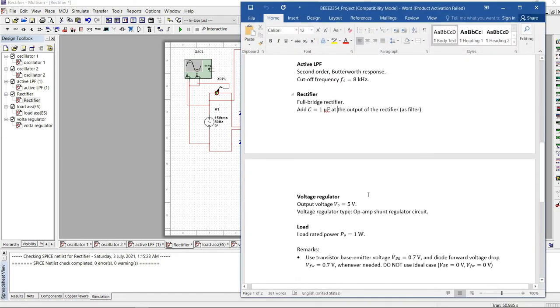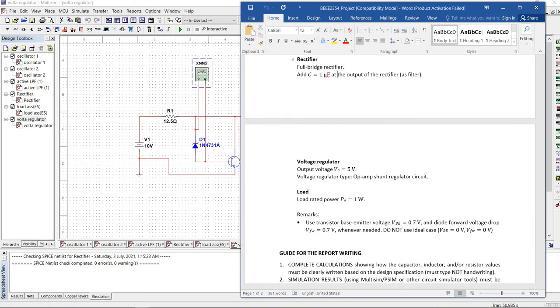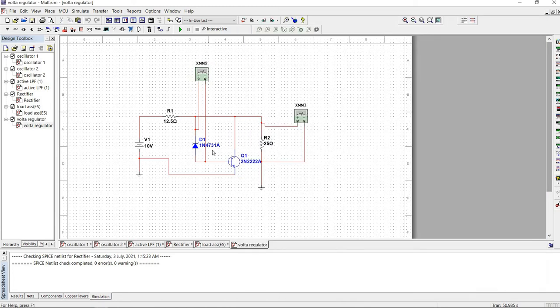For the next one is the voltage regulator. For the voltage regulator, the current of the voltage regulator in my circuit is driven from the load current, and this voltage regulator circuit is only suitable for small amounts of voltage and fixed voltages only.